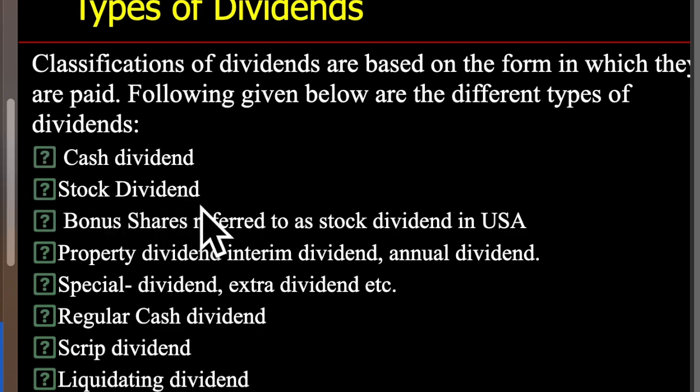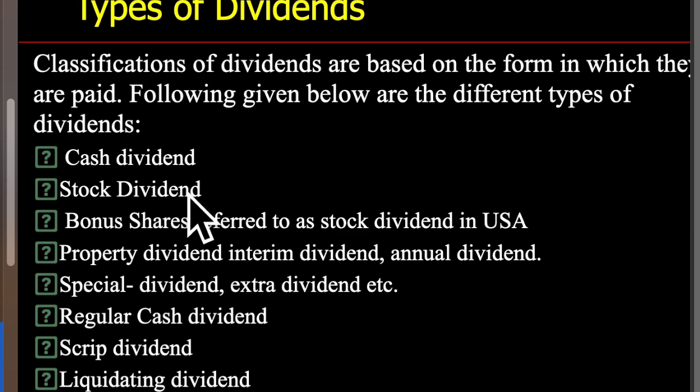A stock dividend, instead of giving you cash, increases the number of your shares. However, this does not affect the price of shares instantly. At the end of the period, they say, okay, we are giving out 10 ringgit worth of shares to our investors. So this will increase your shares by 10 ringgit or 10%.